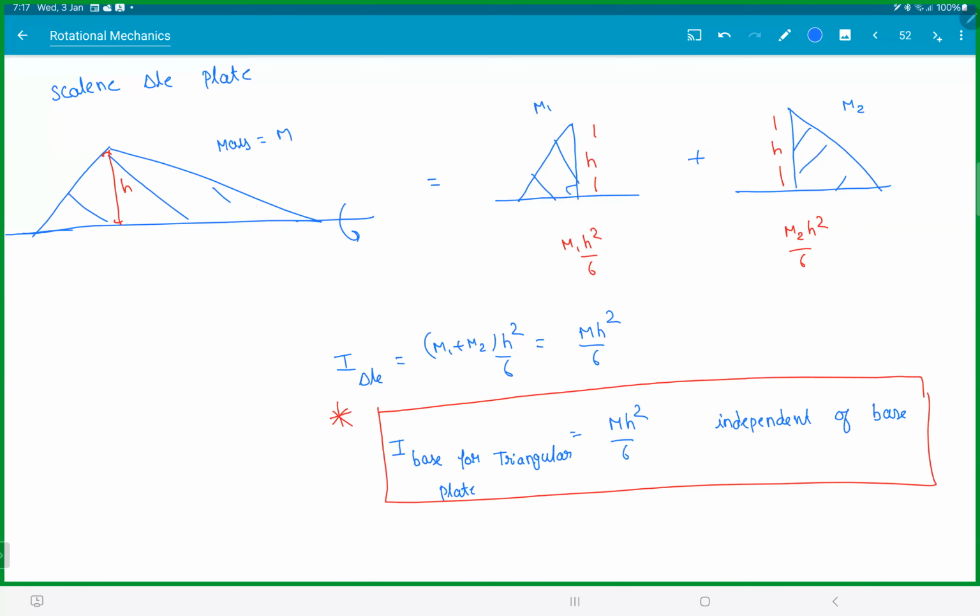Have a look at this. Clear? Horizontal strips also work. So directly doing for scalene triangle is little pain. So using right angle triangle and then splitting it works better. Any doubts on this?